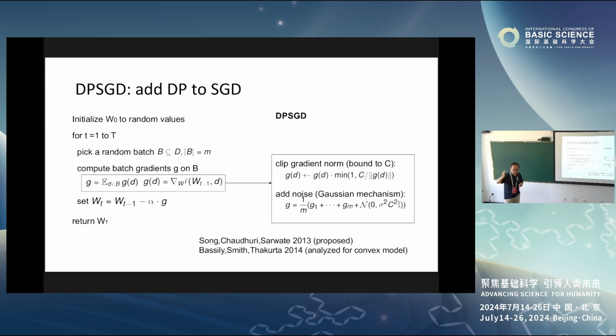If it's larger than C, I scale it proportionally so that the norm is exactly C. That's the first step. The second step is that we add Gaussian noise proportional to this capital C when we compute the batch gradient, right?